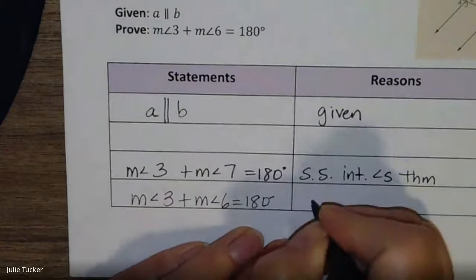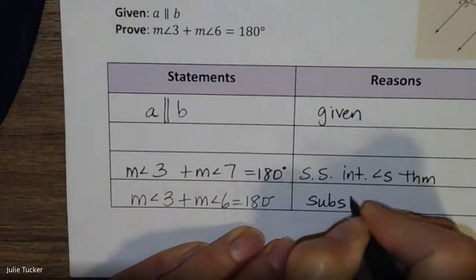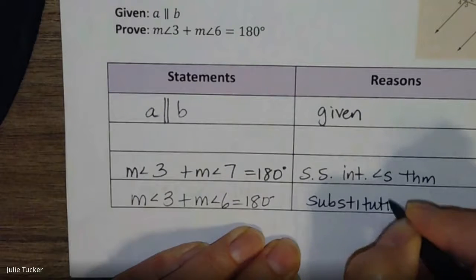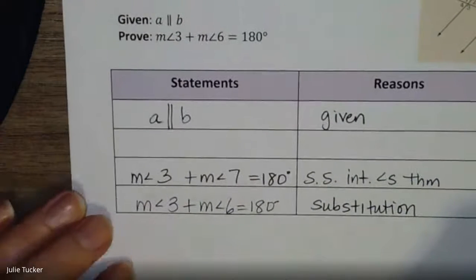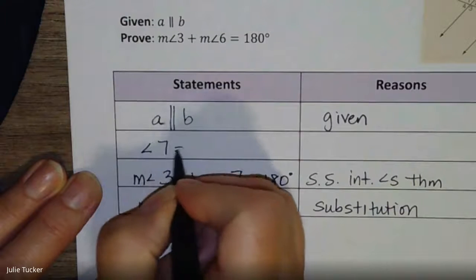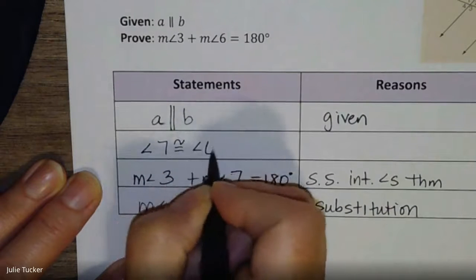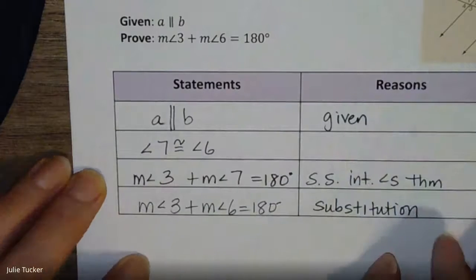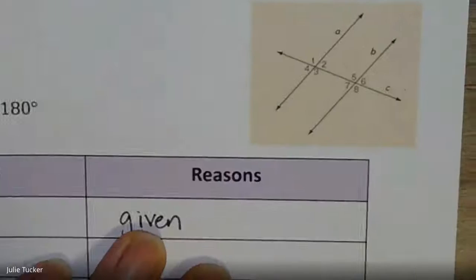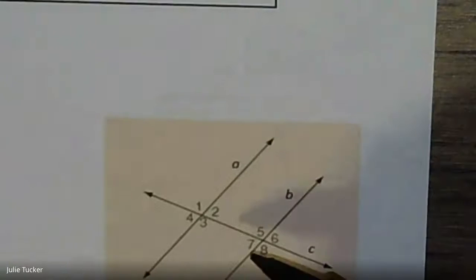And this is going to be substitution because we did replace the 7 with a 6. So now this line needs to say angle 7 is congruent to angle 6. And we have to go look for a reason why. So let's go look. Here's 7.